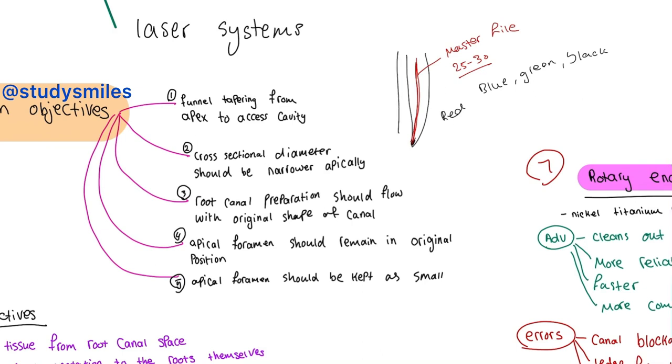So for example, let's say the length was 21 millimeters in our master file, but when we turn to blue, we go 1 to 2 millimeters smaller. So we won't go 21 millimeters to our full length. We'll go 19 millimeters, and then here another less, like 18 millimeters, and then 17 millimeters.